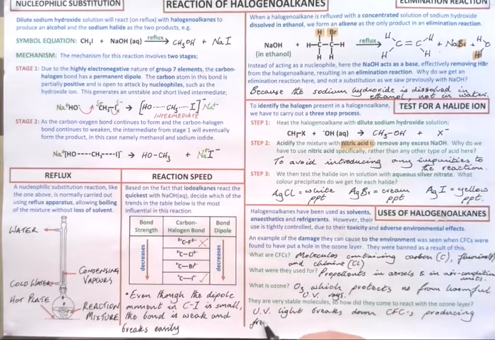And if you remember, free radicals are extremely reactive, which react with the ozone layer up there in the upper atmosphere. Okay, so there we go. Halogenoalkanes in 23 minutes.